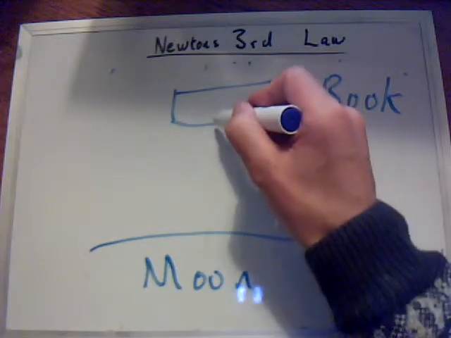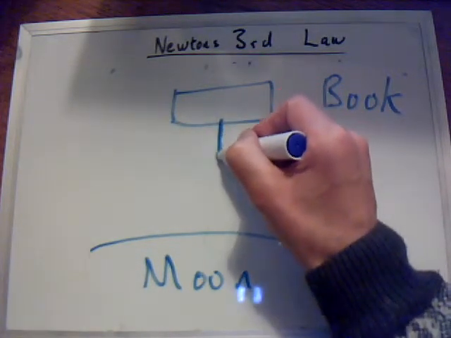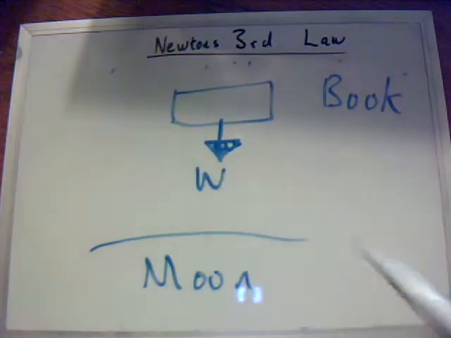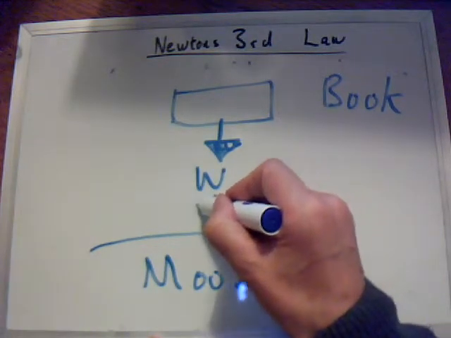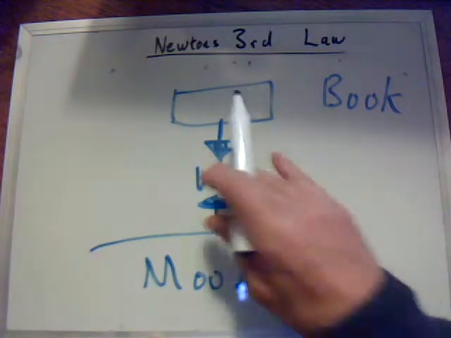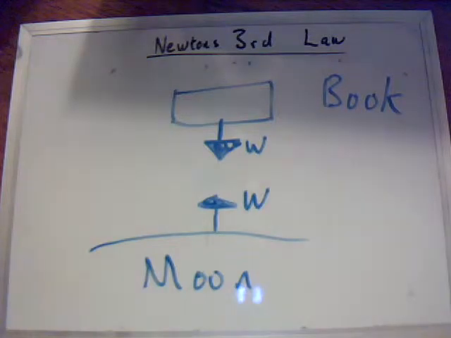The book's weight, which is mass times the gravitational field strength on the moon, we'll call that weight W, is one part of the Newton pair. Now the equal and opposite force will in fact be the force on the moon, of magnitude also W, pulling itself up towards the book.